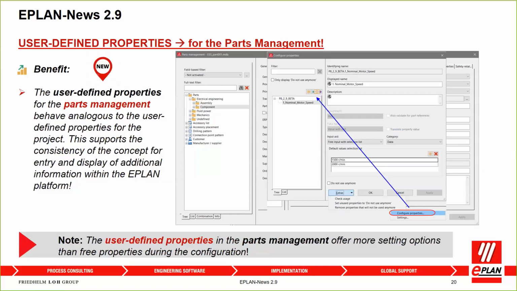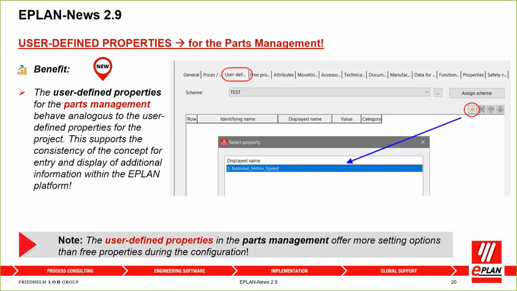You can now create predefined value sets which you can assign to various parts. In this example, they're making the user-defined data the normal motor speed and having it selected from motor RPM.